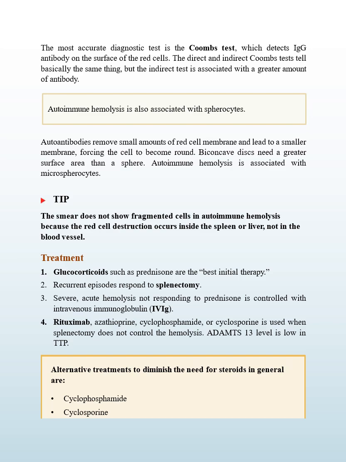The treatment has a few types. 1, glucocorticosteroids, such as prednisone, are the best initial therapy. 2, recurrent episodes respond to splenectomy. 3, severe acute hemolysis: if it does not respond to prednisone, we have to give IVIG.